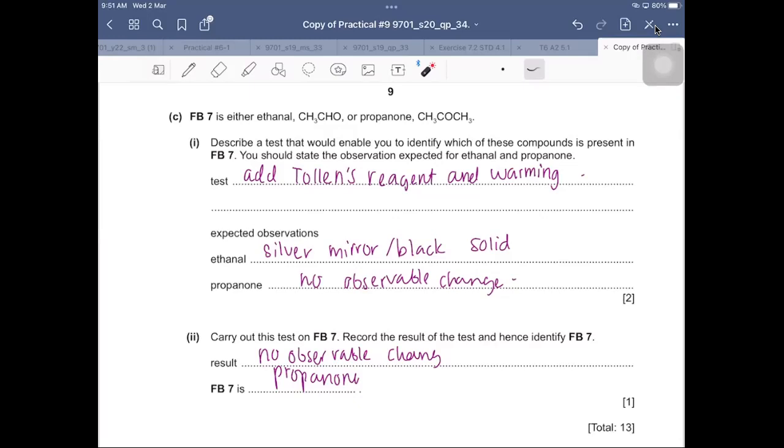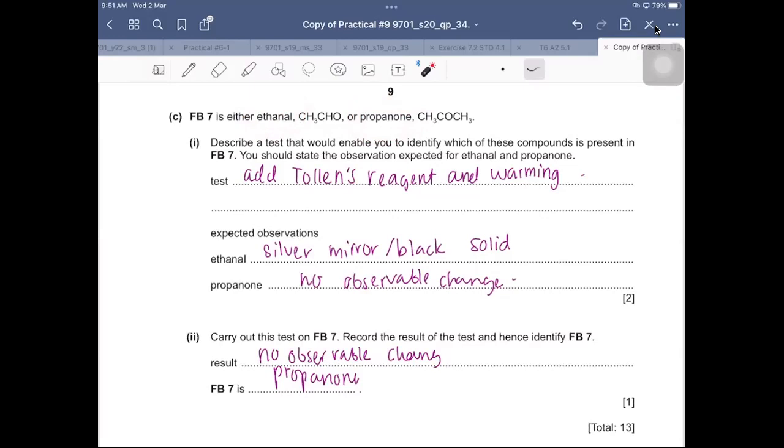But if you get this in an exam, you need a little knowledge of organic chemistry, because ethanal is an aldehyde, propanone is a ketone, and you need to know the different observations for aldehyde and for ketone.